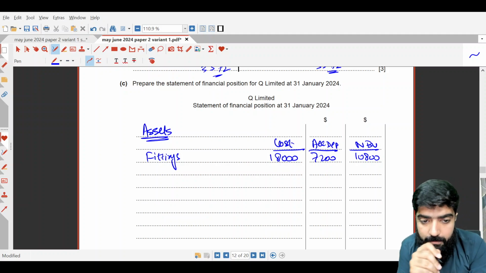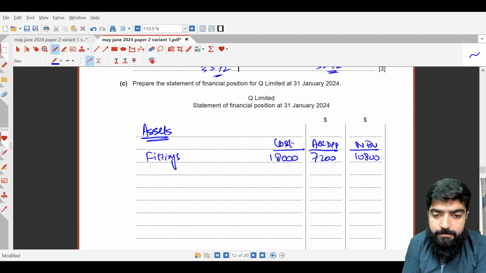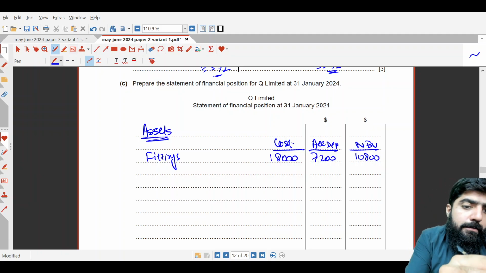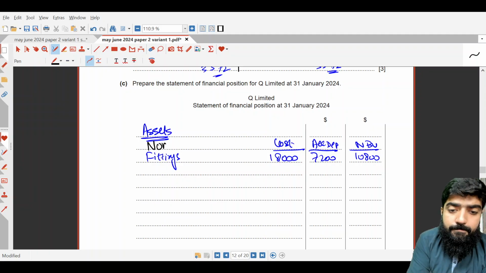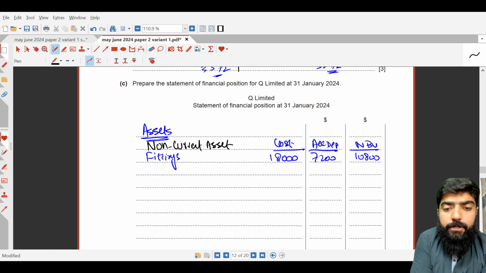Any other asset? No, I don't think so. Now we have current assets. Remember, whenever we are preparing the balance sheet, we always include the closing balances.